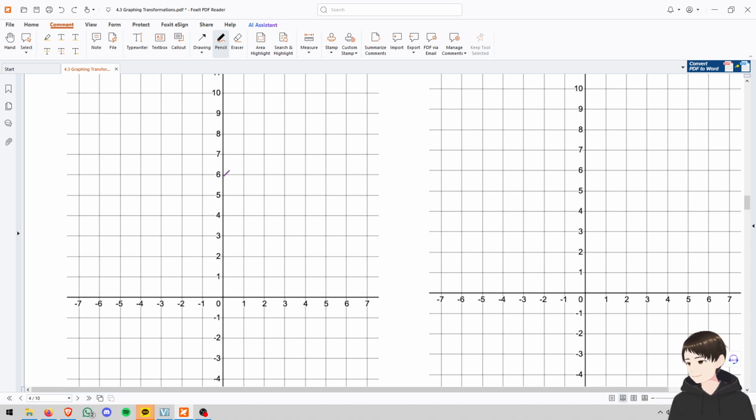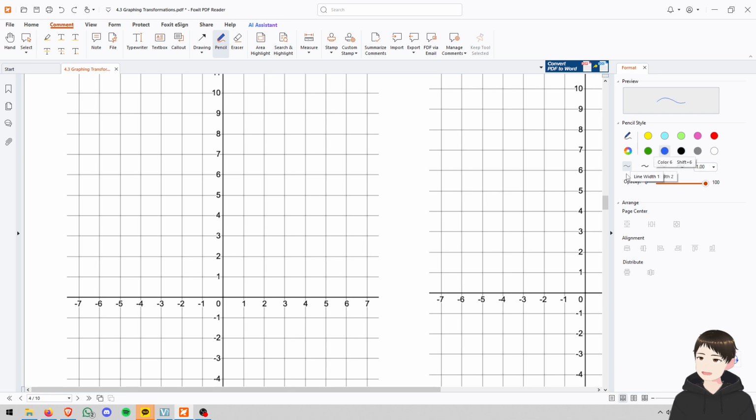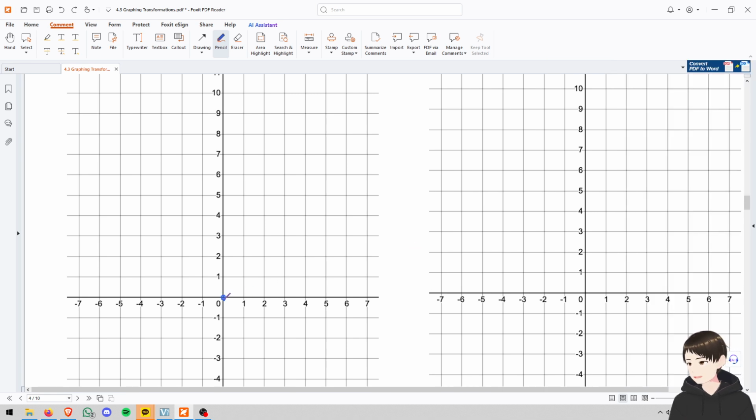Before anything else, I'm doing my parent function. Okay, so I'll use blue once again. (0, 0), (1, 1), (2, 4), (3, 9), (-1, 1), (-2, 4), and (-3, 9).